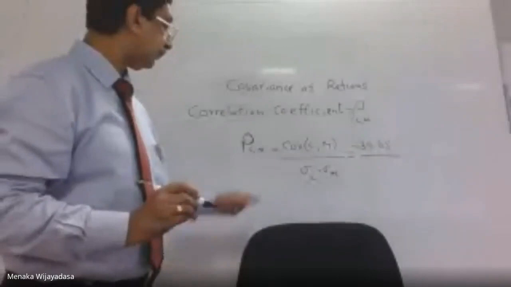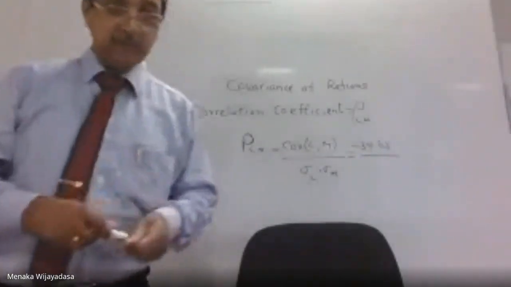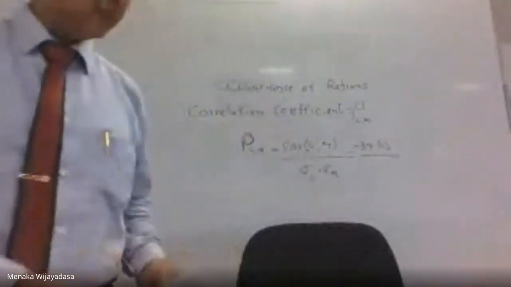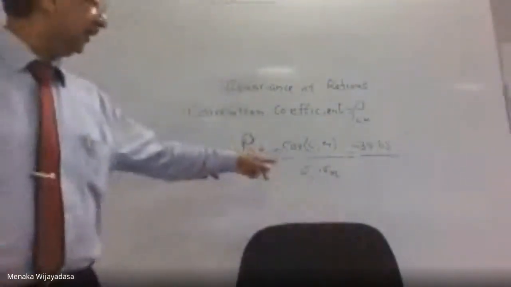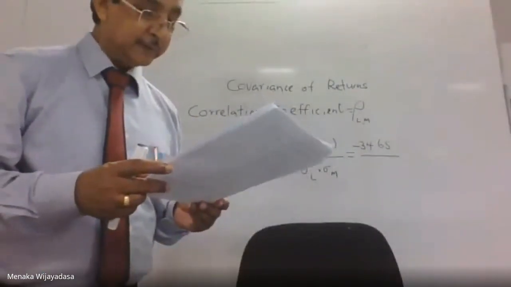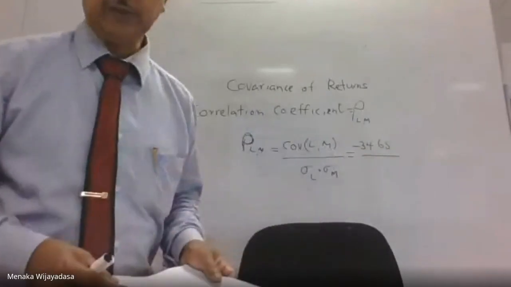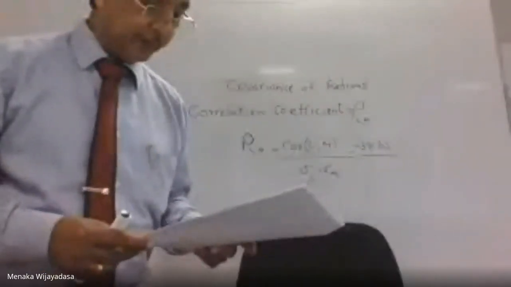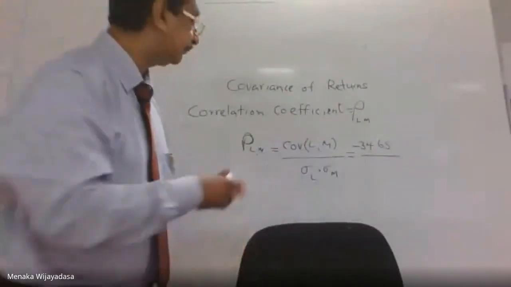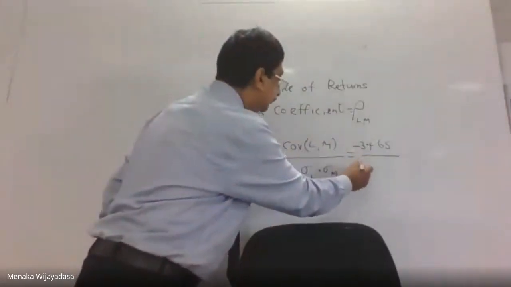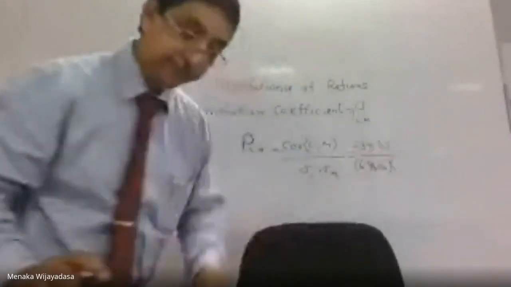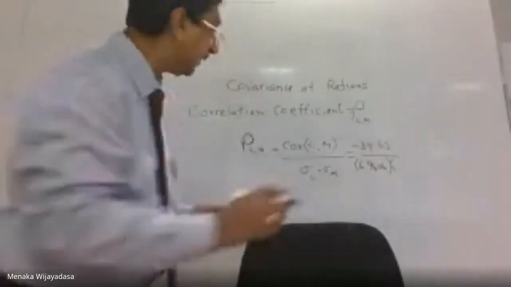And in the last lesson, we calculated sigma L. If you go to the lesson and look at it, you will find that sigma L is 6.9606, and sigma M is 5.7.